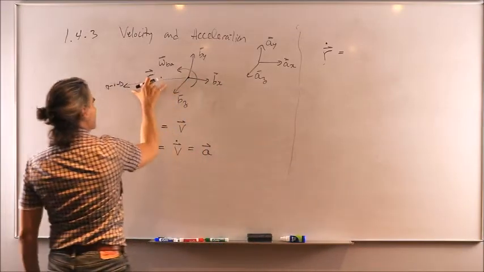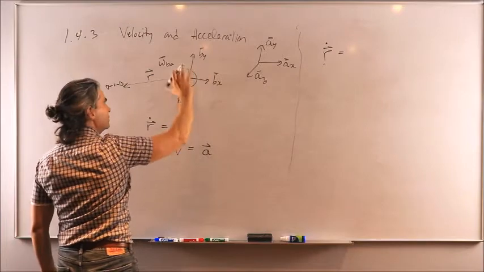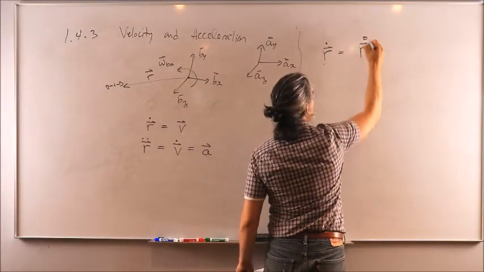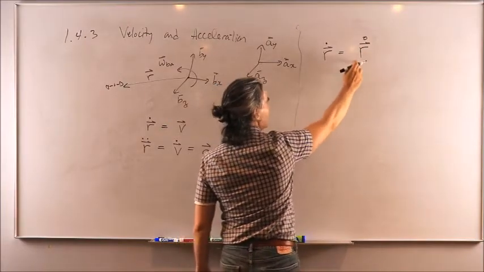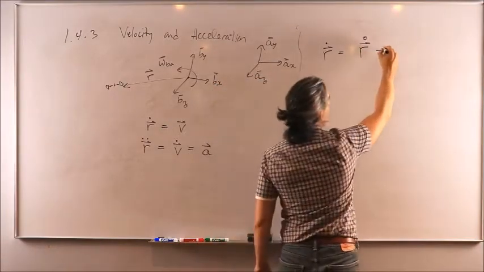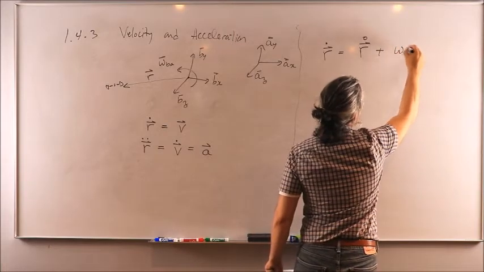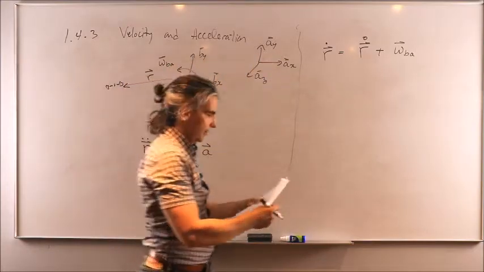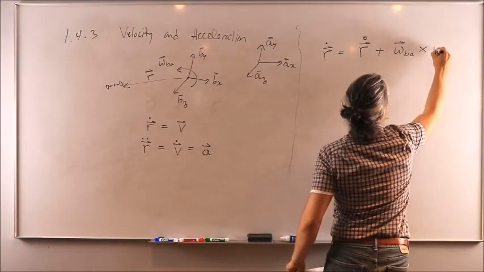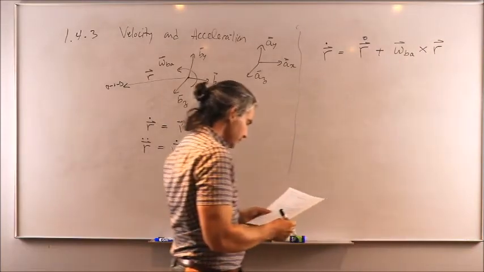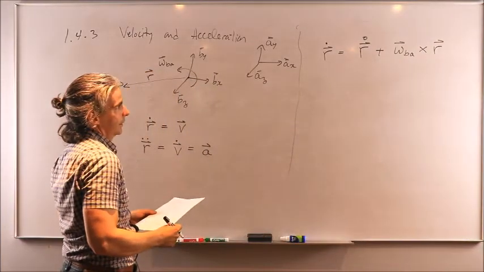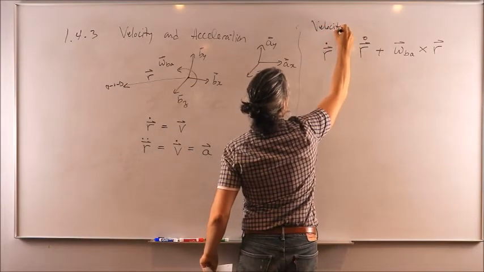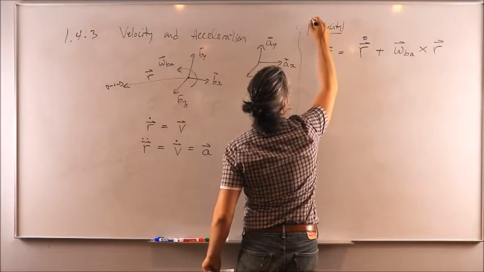Given the rate of change of this position vector measured from this moving reference frame, all we need to do is to invoke the transport theorem, which says that the inertial derivative is equal to the non-inertial derivative plus what is causing the motion between the moving reference frame and the inertial one, omega BA, cross product with the position vector itself, straight from the transport theorem. So that is our velocity equation from a kinematics perspective.